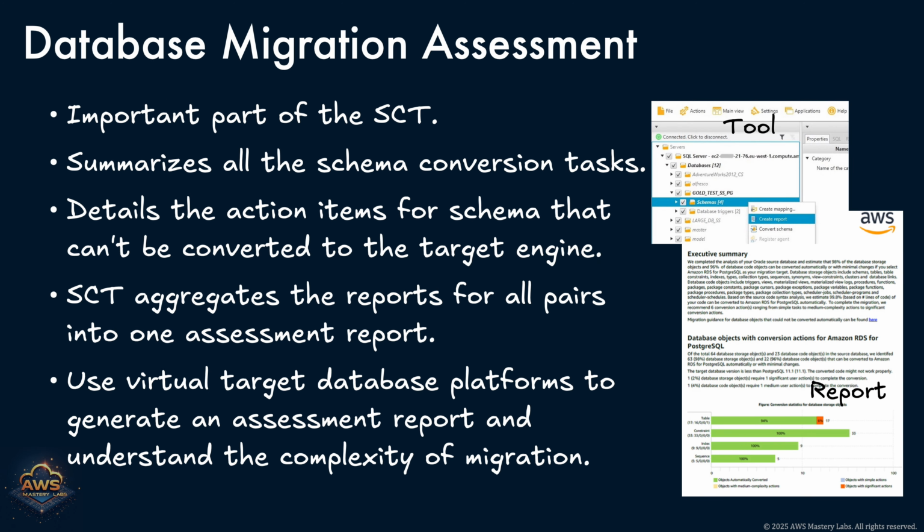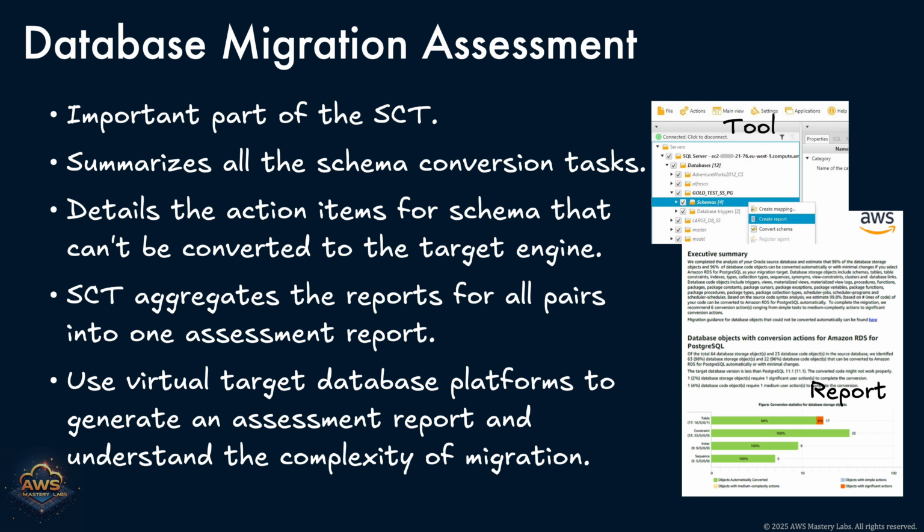A critical component in any cloud migration journey is understanding what you're up against, and that's exactly where the database migration assessment comes in and is provided through the SCT. One of the most valuable outputs from SCT is the assessment report, which estimates the complexity of converting your source schema to the target AWS database engine.